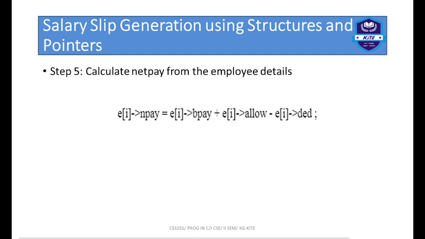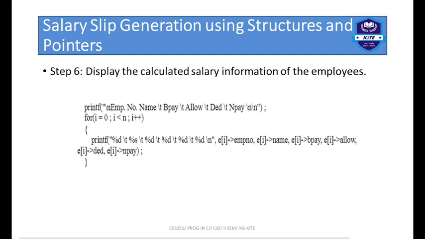After calculating net pay, we display it on the console. For the number of employees, we have calculated net pay, so all those employees' net pay is displayed along with the basic details we have obtained already.